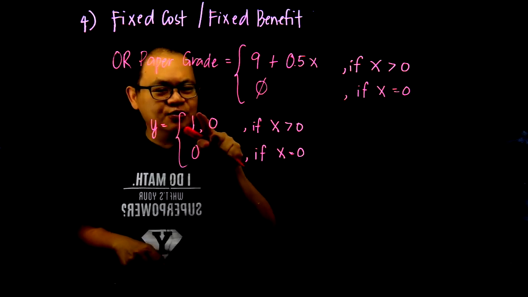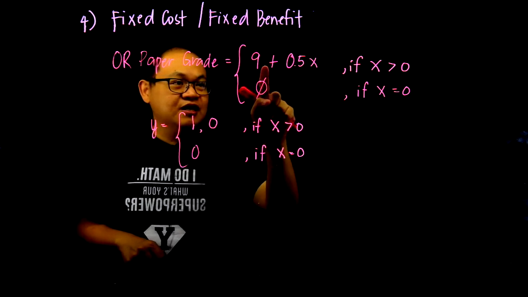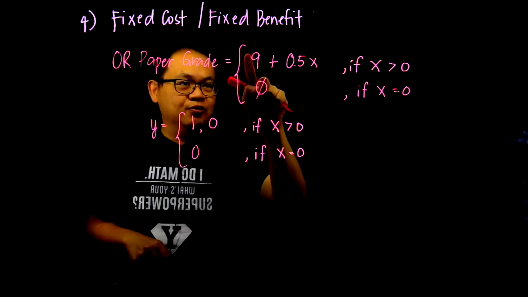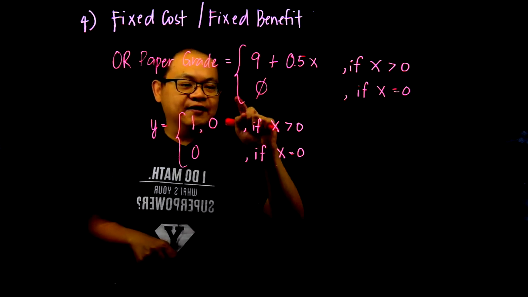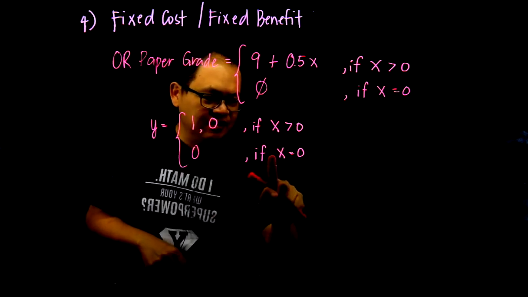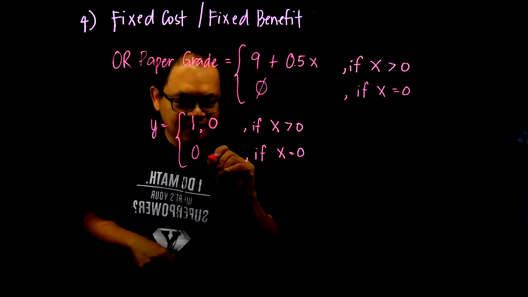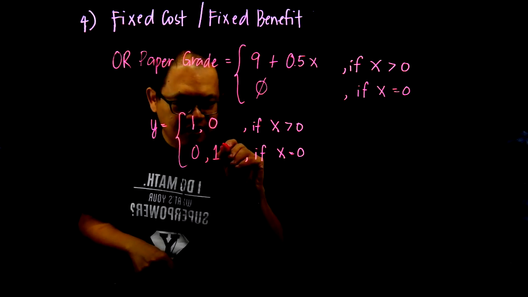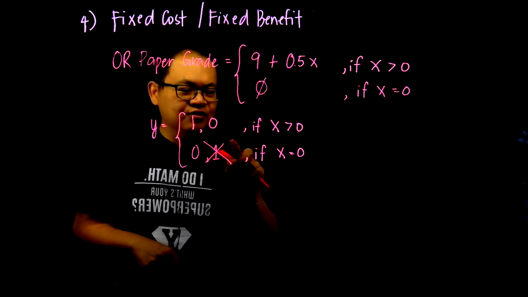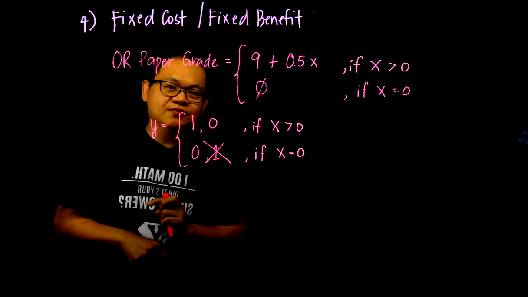But of course, it is also possible that you ask for the bonus. Remember, y will be attached to the bonus score of 9. Okay? Now, if you didn't submit anything, it is a mortal sin. It is a mortal sin to let y be equal to 1 if x is equal to 0.